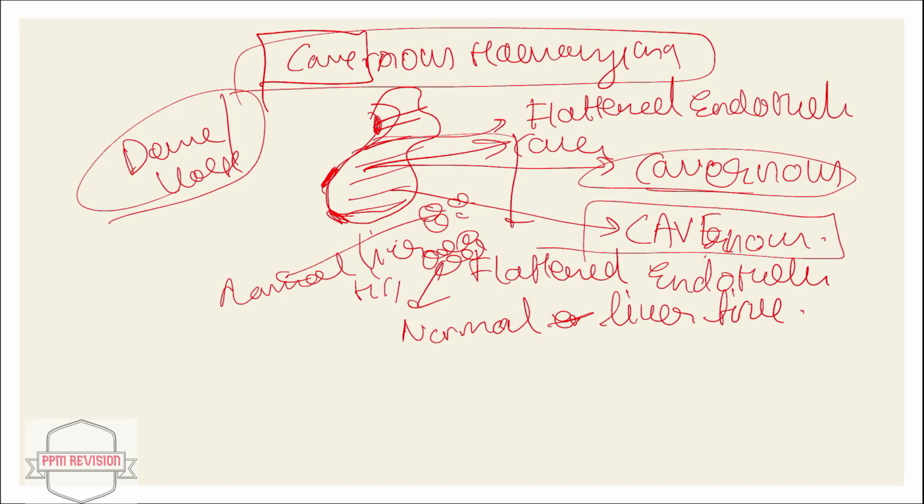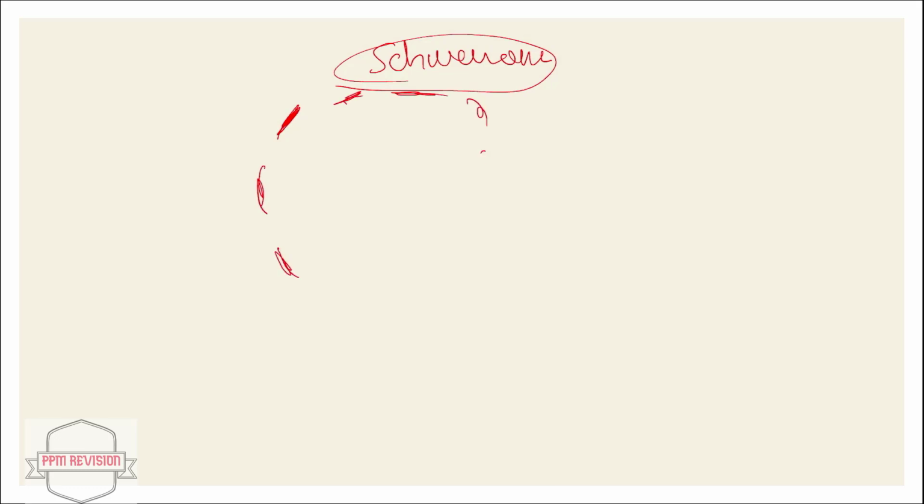Next, we'll be looking at what is known as the schwannoma, right? So I'm looking at the diagram of schwannoma. There is presence of Antoni A and B patterns, right?